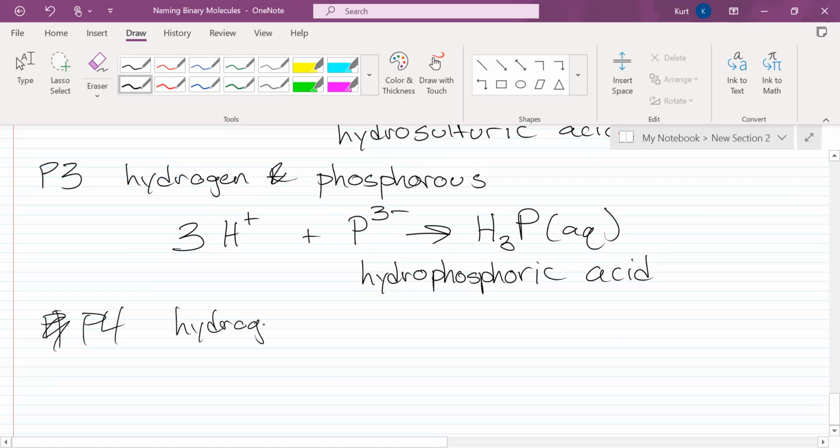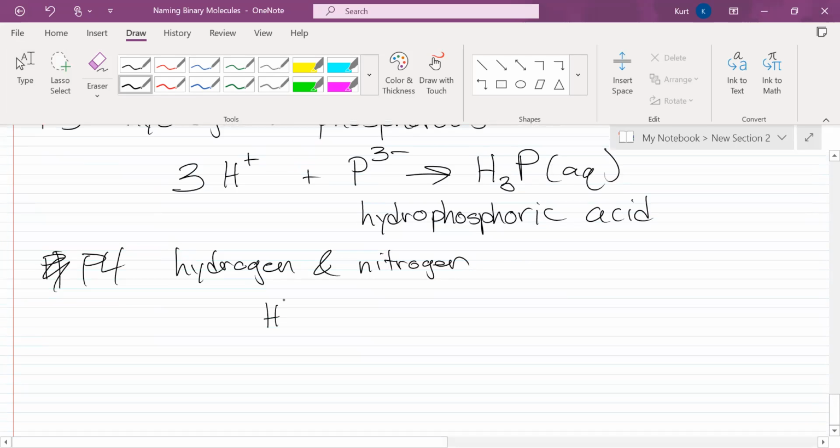Hydrogen, and let's see. What do I want to do? I'm looking at the periodic table there. Nitrogen. Okay. What's the charge of hydrogen? Charge of nitrogen? What's the ratio?